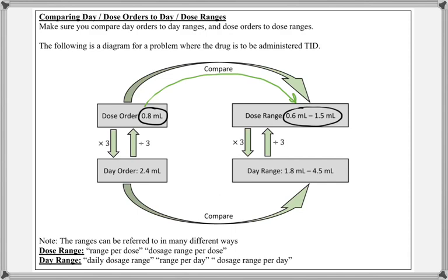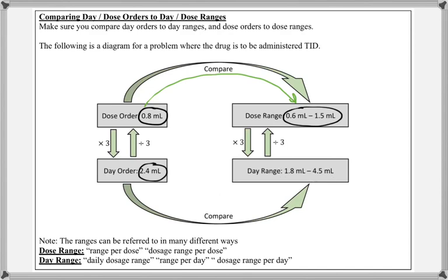Now, if you did want to talk about the entire day, because this is TID, if you're taking 0.8 mLs for every dose, and you're taking that 3 times a day, if you just multiply it by 3, then you're going to get to 2.4 mLs. So you're taking 2.4 mLs for the entire day because you're taking 0.8 3 times. And then you would compare that with the day range.